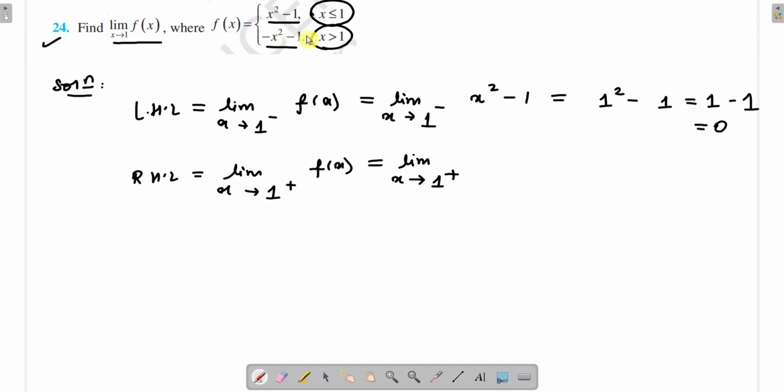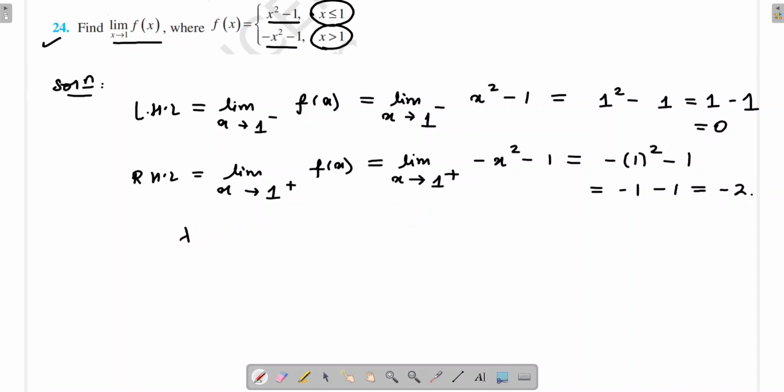So this definition, minus x square minus 1. This will be equal to, just substitute the point x in this polynomial. So minus 1 square minus 1, right? This will be equal to minus 1 minus 1, which is equal to minus 2.